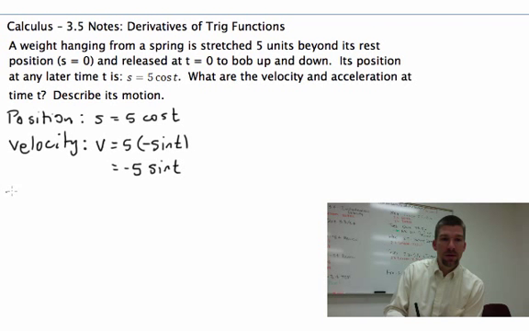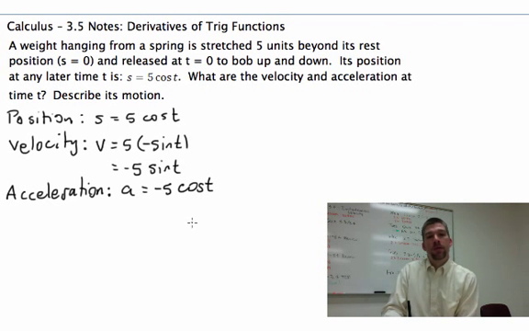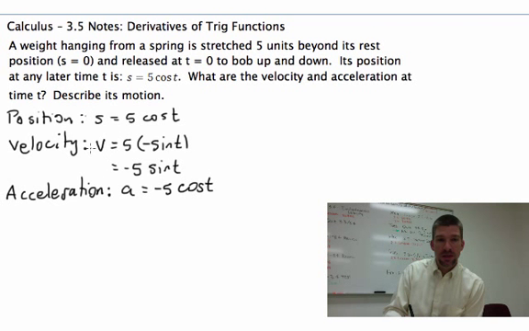And then acceleration is the derivative of velocity. Okay, so acceleration is equal to negative 5 times the derivative of the sine, which is the cosine. Okay, so here is your position function, velocity function, acceleration function.